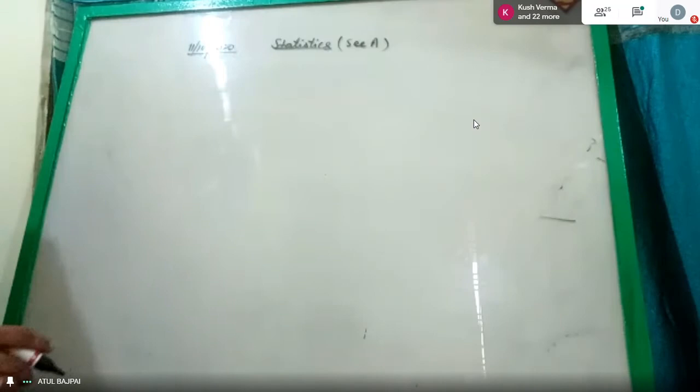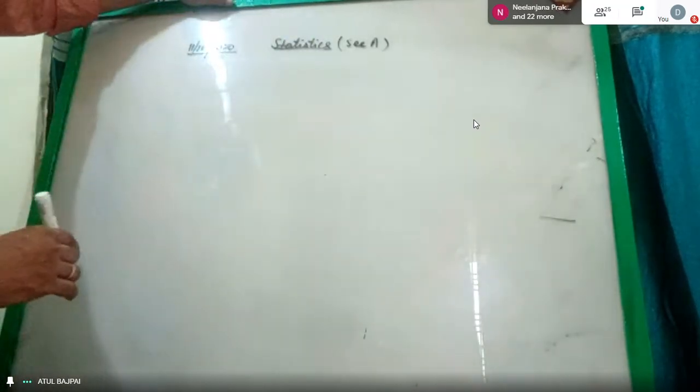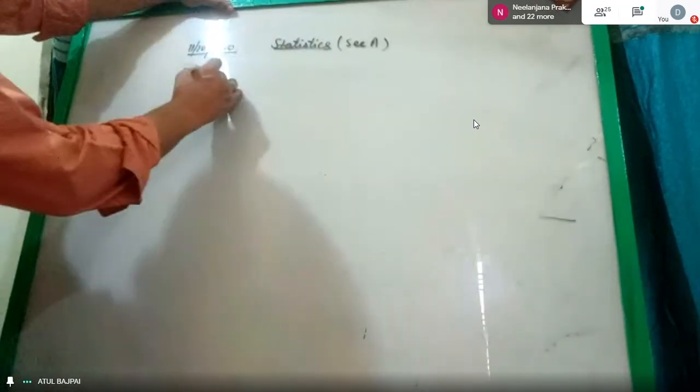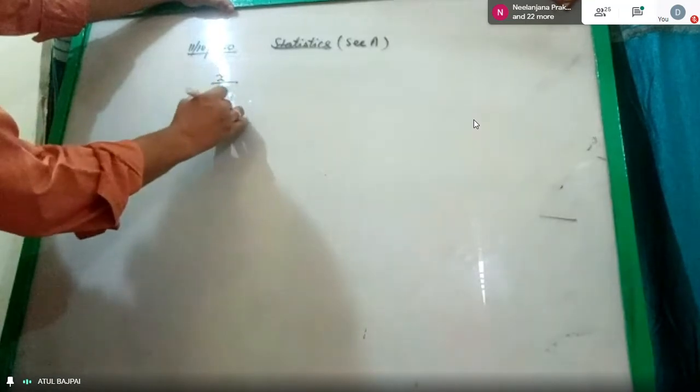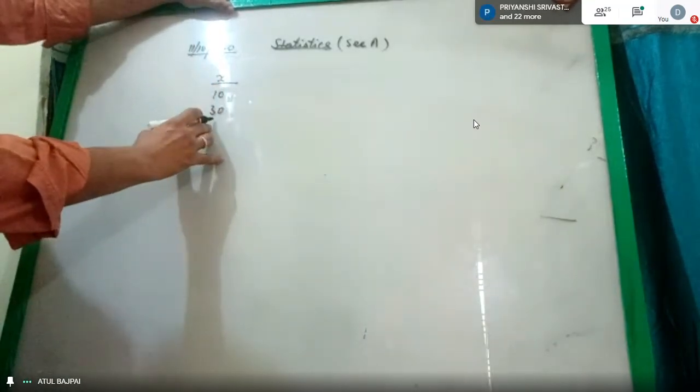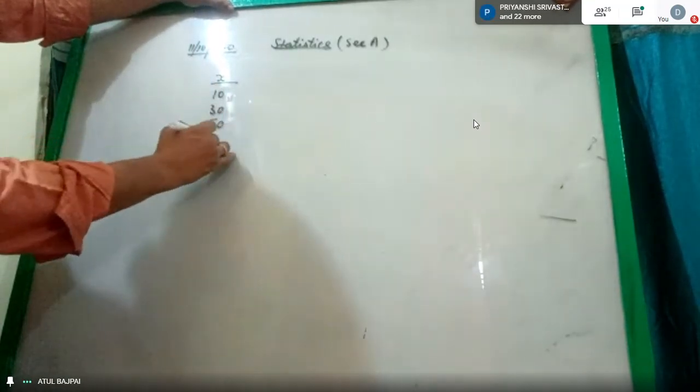Write down the x values: 10, 30, 50, 70, 90.